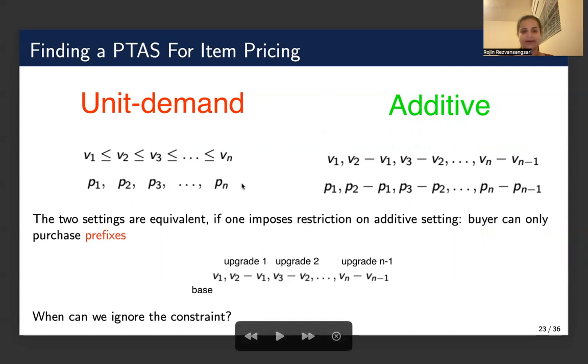So our idea here is to somehow try and change our unit demand to an additive setting where the revenue is equal or nearly equal. Well, there's an easy way to do this, and we just need to look at our ordered values as these upgrade values that I talked about. So in the upgrade values, we have a base value V1, and the next values are simply these differences of values and upgrades between the items.